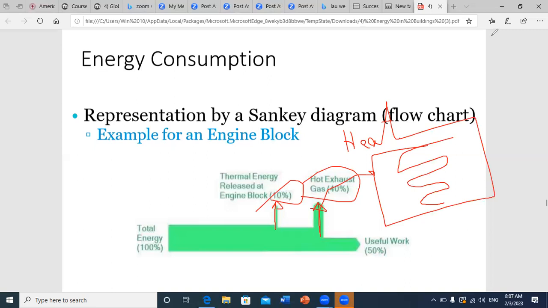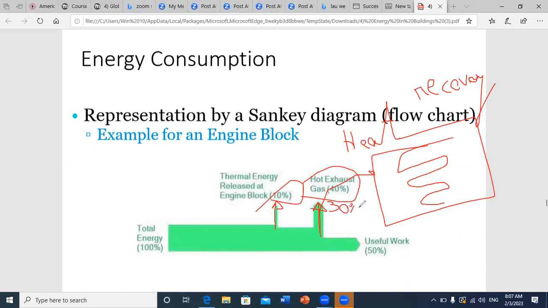This is called heat recovery, because you are using waste heat in a useful form. And this can really enhance your performance a lot. Why? Because imagine you were able to recover 30% of the heat from exhaust gases.